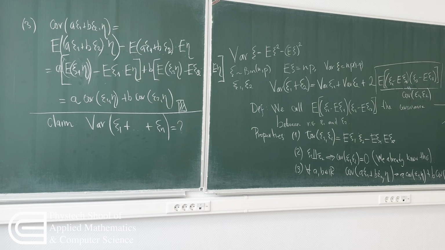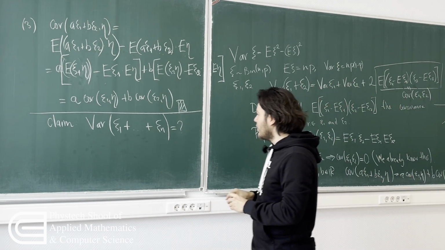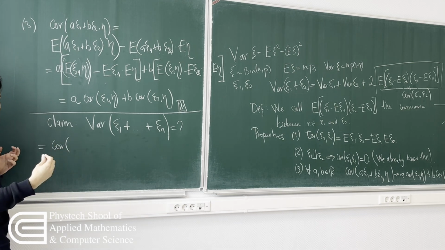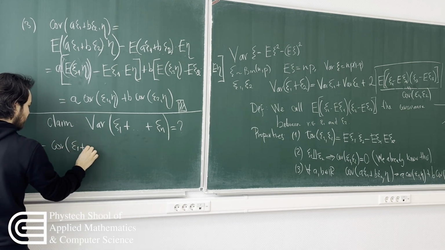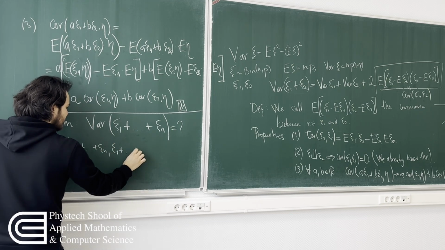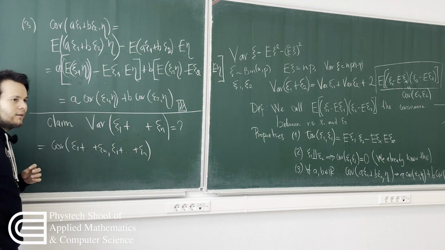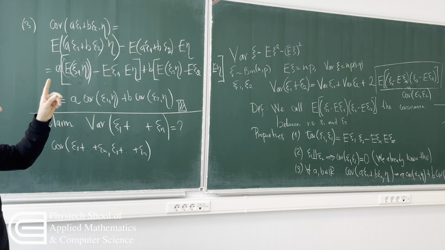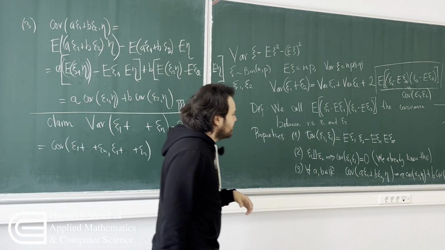So the variance of this sum is equal to the covariance of the sum with itself. So this is the covariance of psi1 plus ... plus psi-n, and here we have psi1 plus ... plus psi-n.